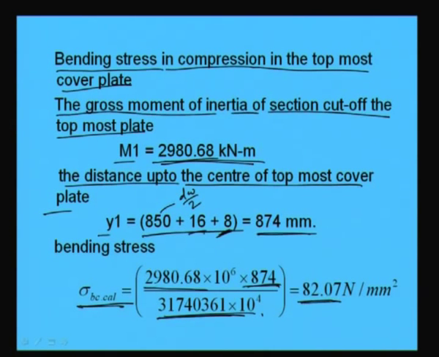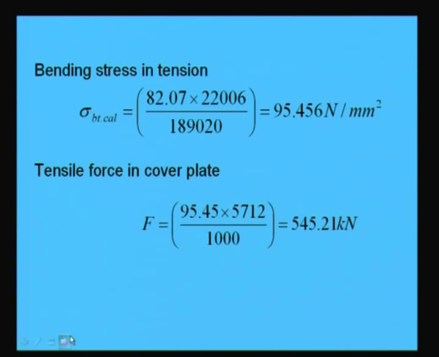So, in this way you can find out the sigma BC calculated, which is less than the allowable permissible stress, that is 0.66 Fy, that is 165 MPa. So, this is quite okay, right. Similarly, sigma BT calculated can be found out.